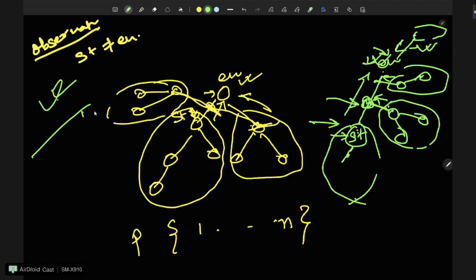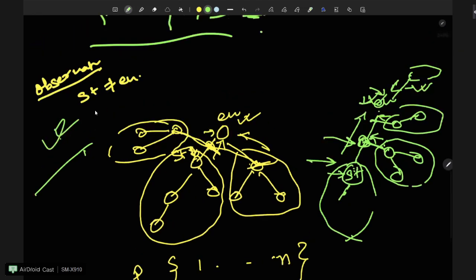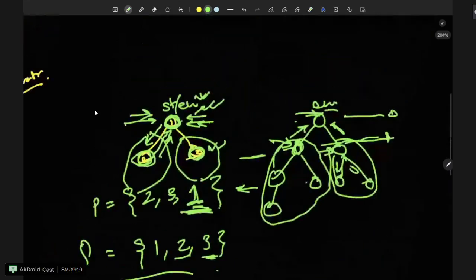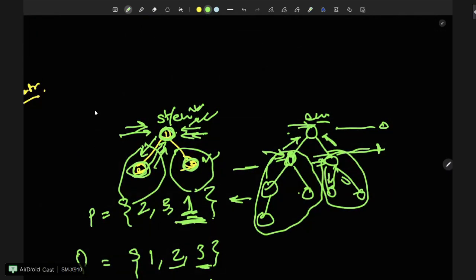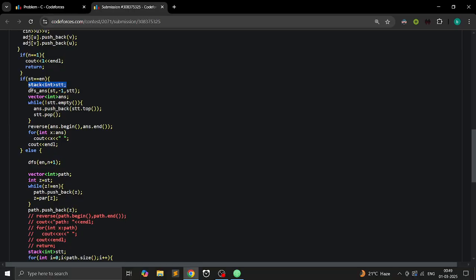Okay, as I was telling here, we have to go somehow to this node, right? So we should maintain a stack where we'll put the node here with the ending time, the last ending node.